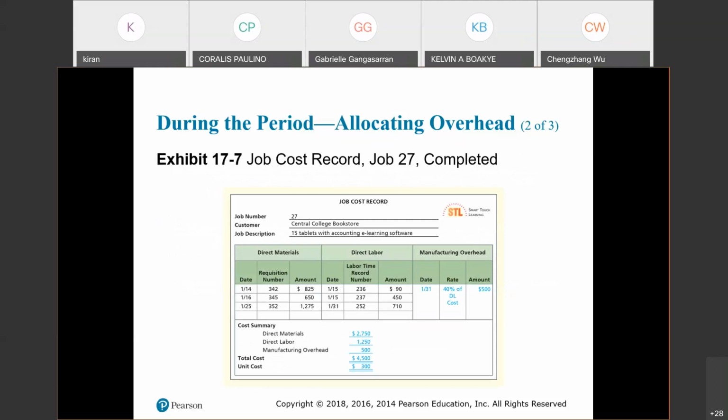Well, this slide shows the allocated manufacturing overhead cost of $500 on job cost records.